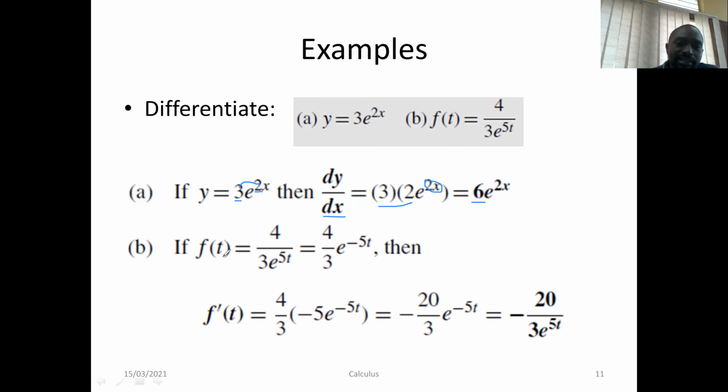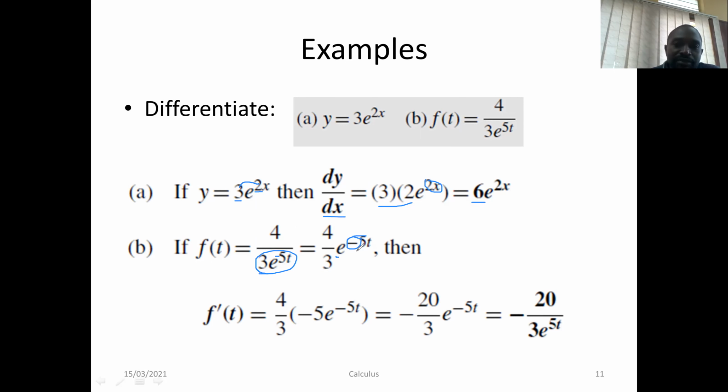Looking at example number 2, if you are given a function f of t equals 4 over 3e to the power 5t, the first thing to do is to write this as a product. So this can be written as 4 over 3, then the exponent, when it goes above the division sign, the power of the exponent becomes negative, as you can see here.